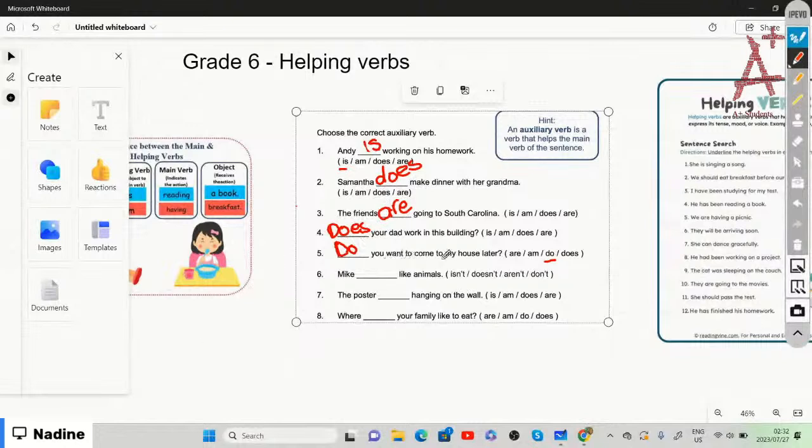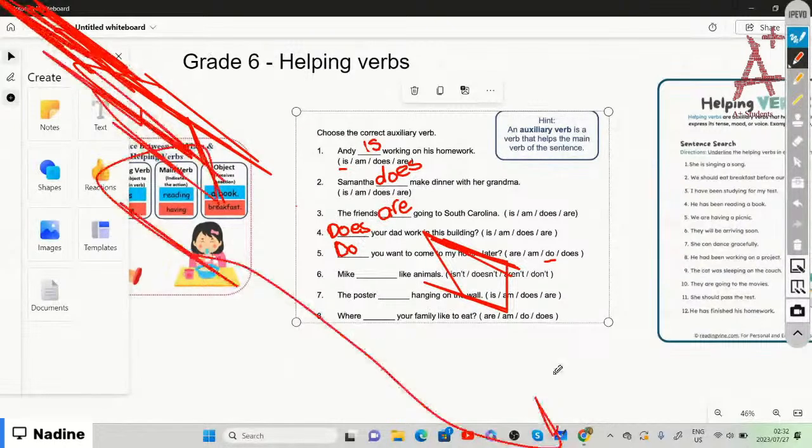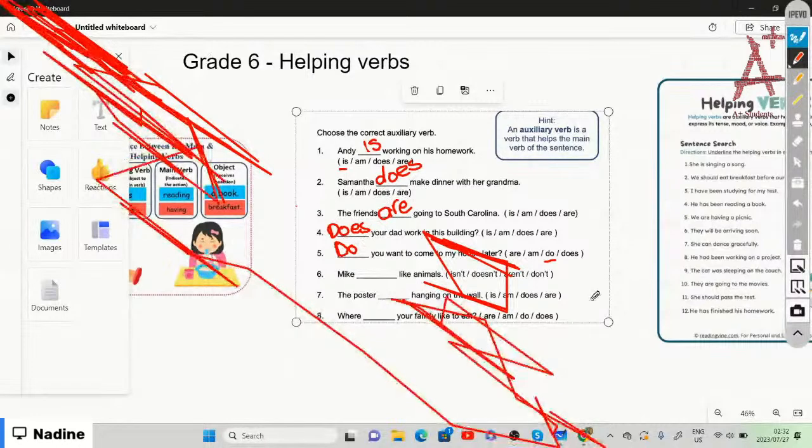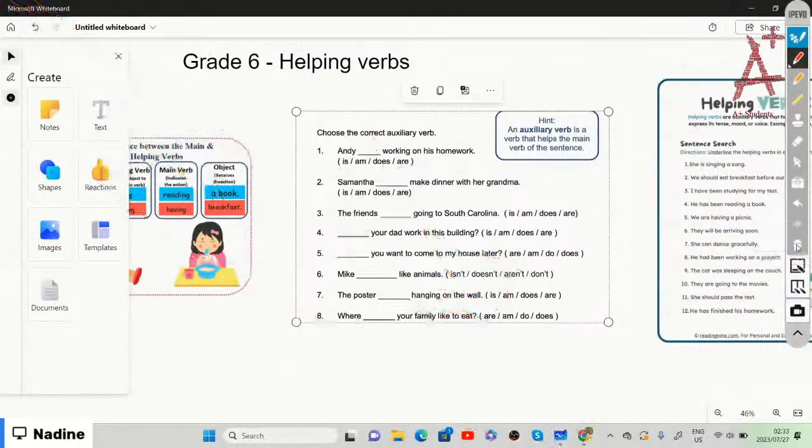Mike isn't like animals, doesn't like animals, aren't like animals, don't like animals. Right? So we need to choose between isn't, doesn't, aren't, or don't.